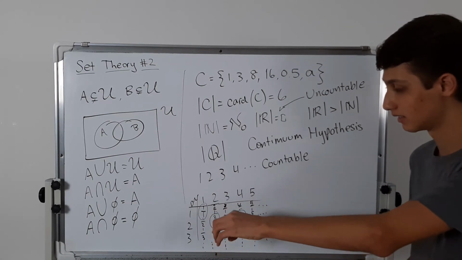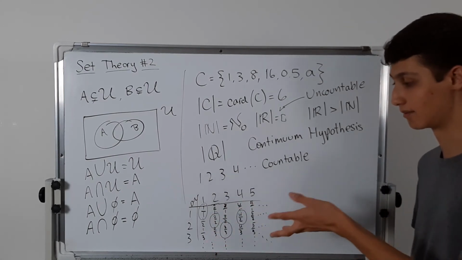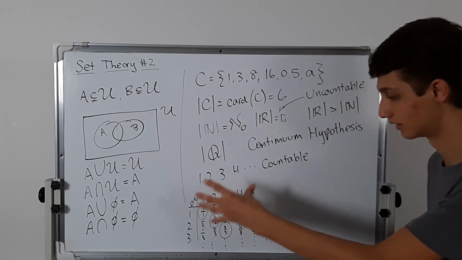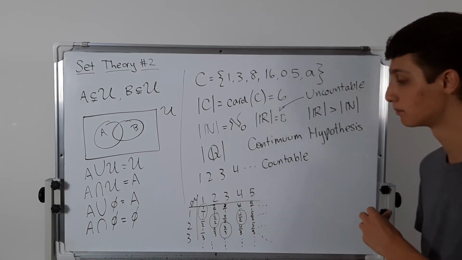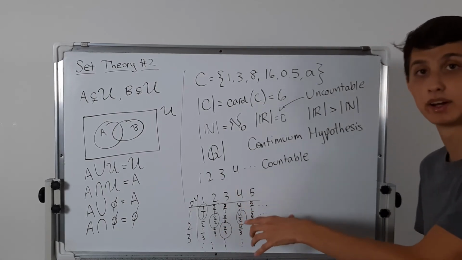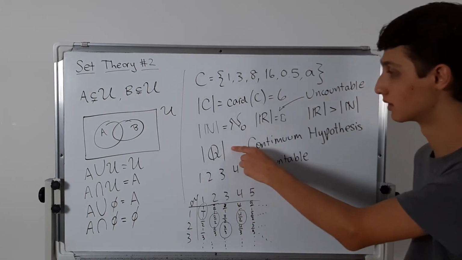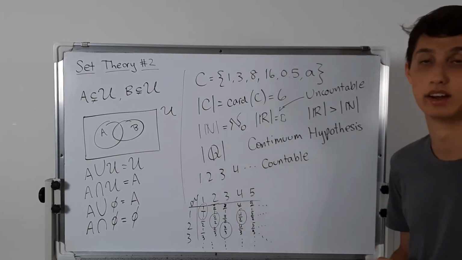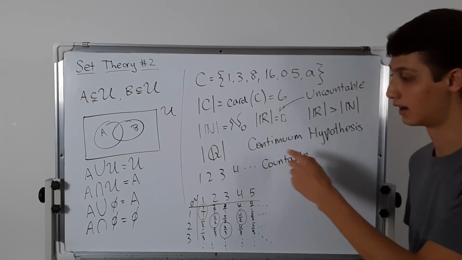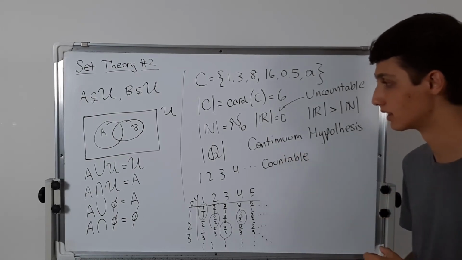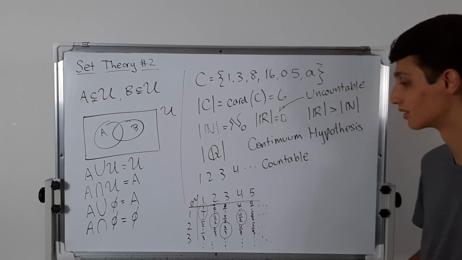Sure there are repeats, but there aren't that many compared to all the non-repeats. So there is a clever way to order the rational numbers. In fact, the size of the rational numbers is equal to the size of the natural numbers, and so the rational numbers are also countable.